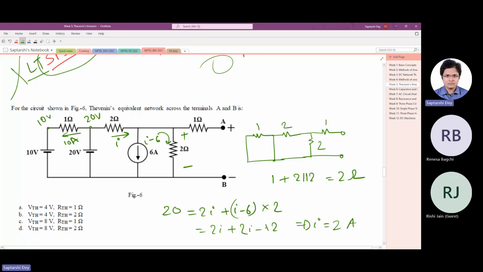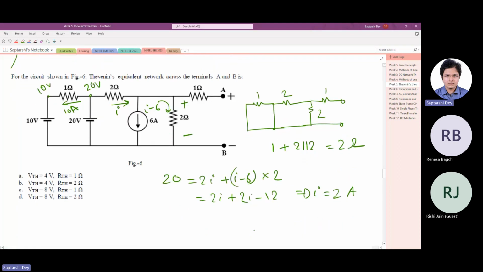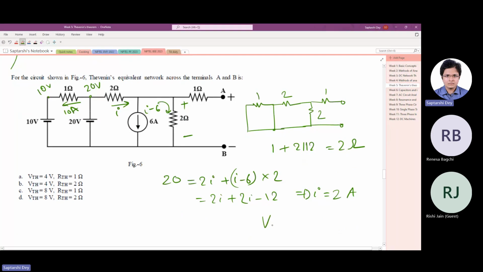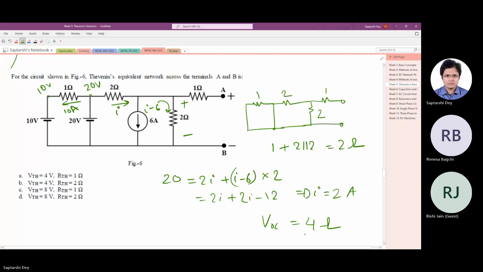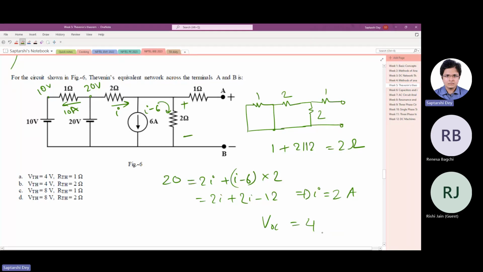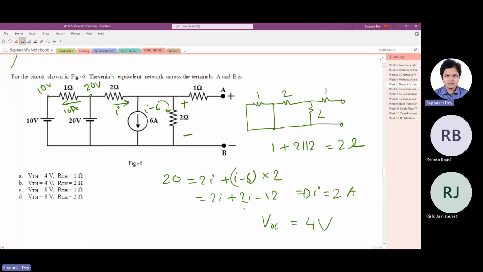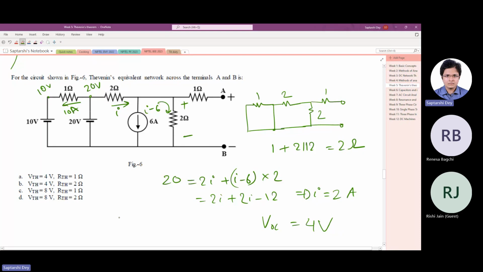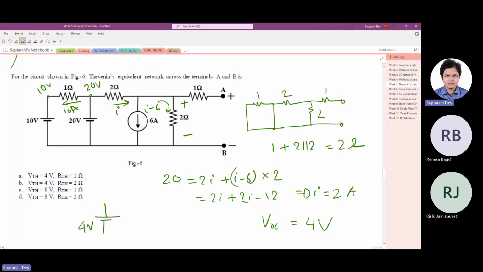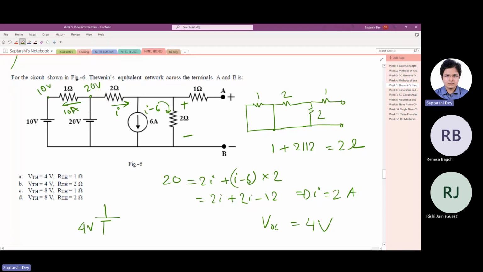Is it 8 and 4, 2? Yeah, 2 ampere. So our open circuit voltage comes out to be 4 ohm. I'm sorry, completely gone. 4 volt. So the equivalent circuit that we have is 4 volt and 2 ohm.